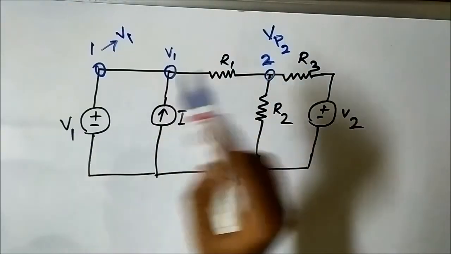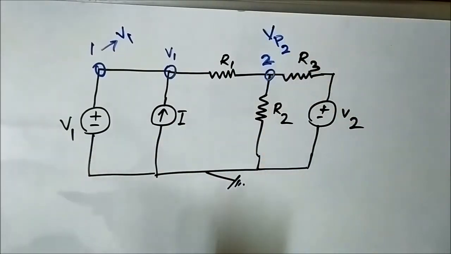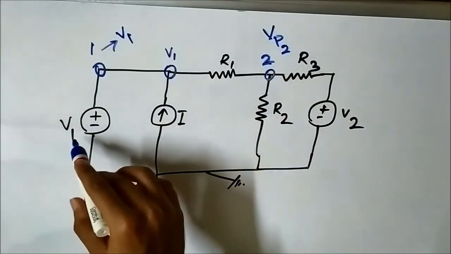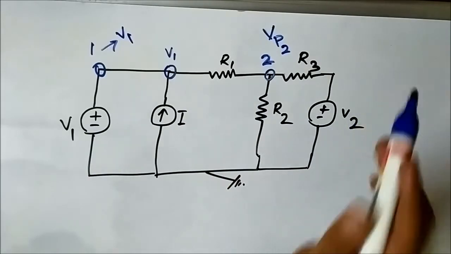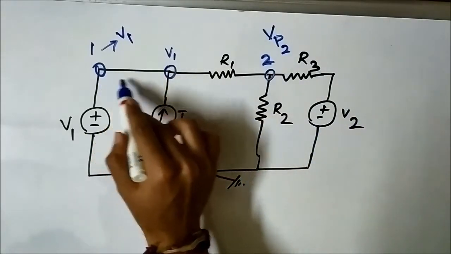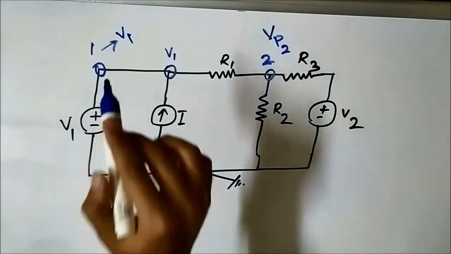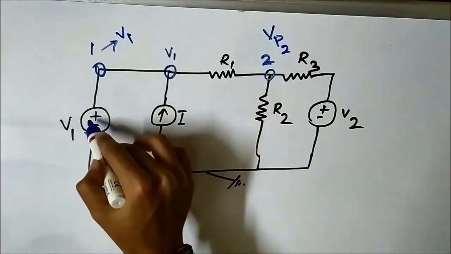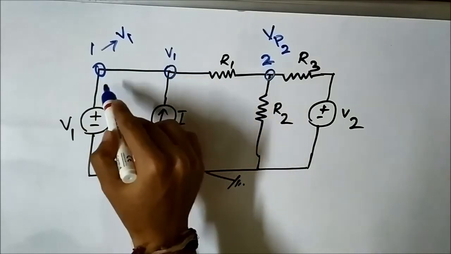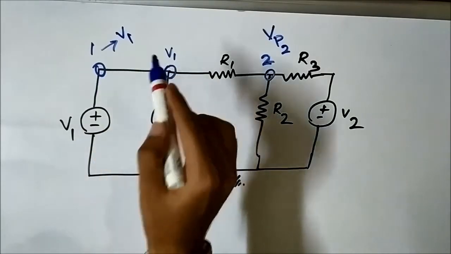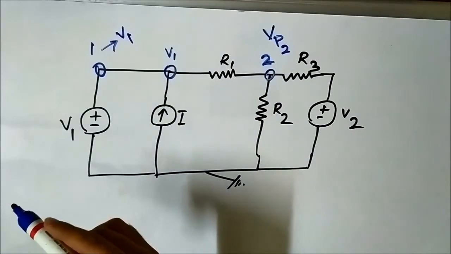So here the voltage at point 2 is V subscript P2, which is neither equal to V1 nor equal to V2. But as there was no circuit element present in between this independent voltage source V1 and this point, and also this point, the voltage at these points was V1.